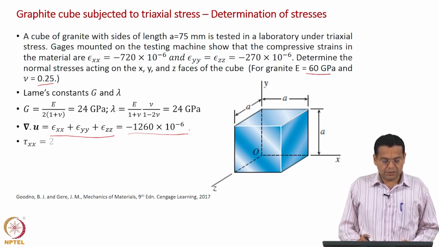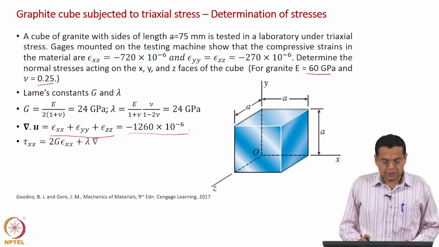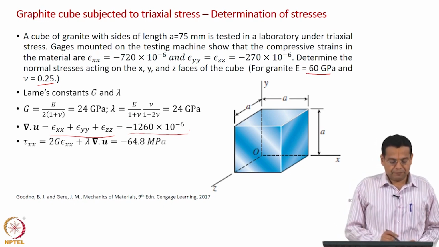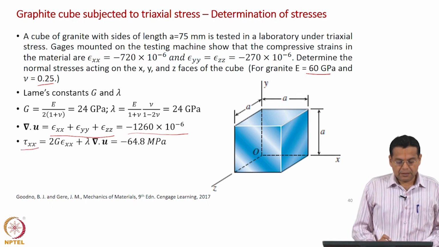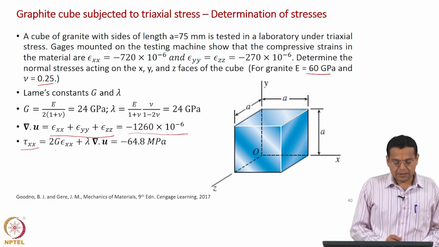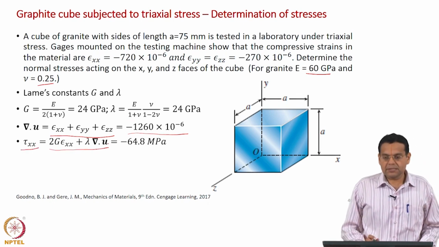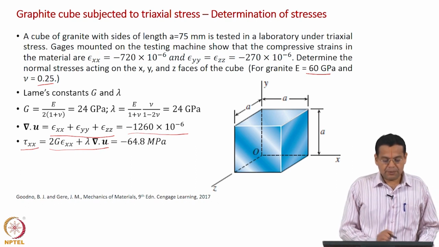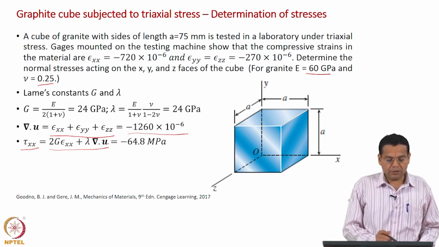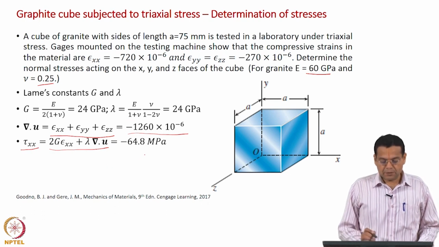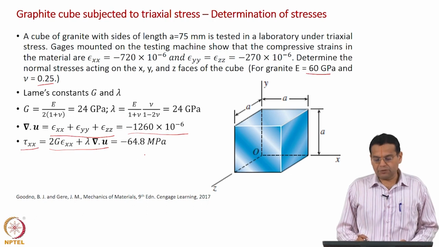Once you have these values, we express the normal stress in terms of the normal strains. We found the value of G, we found the value of lambda. So, we will get minus 64.8 megapascal.